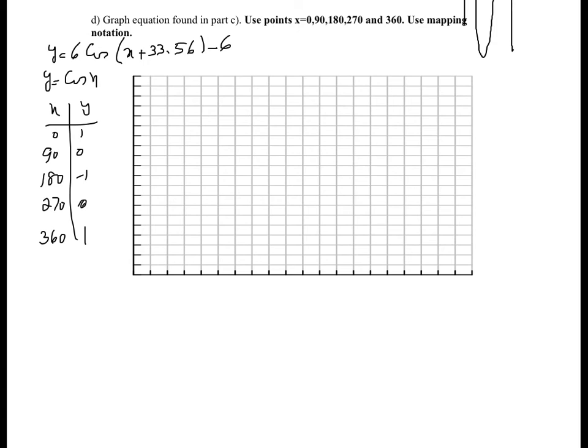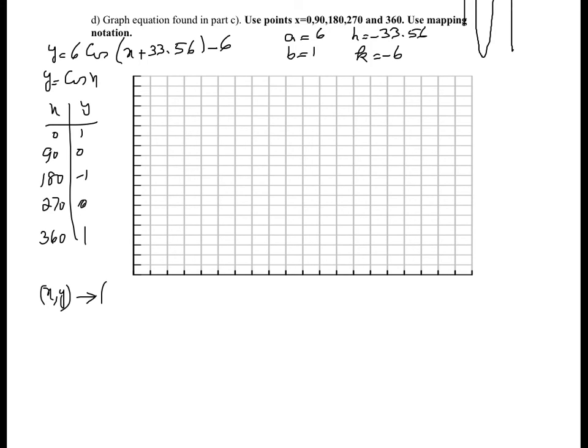Now, we know that our A value is equal to 6, our B value is equal to 1, our H is negative 33.56, and our K is equal to negative 6.